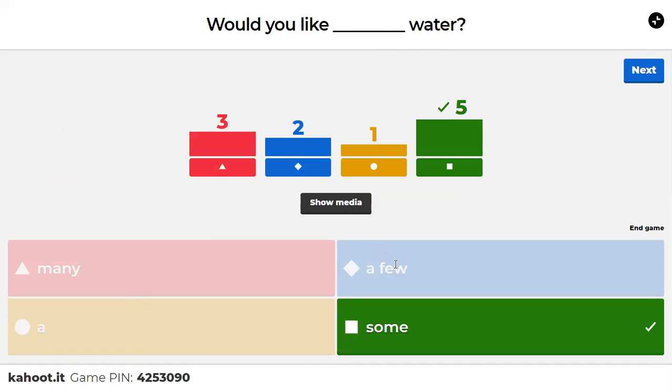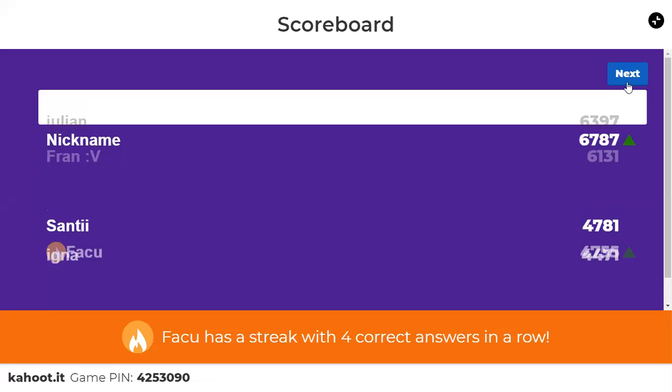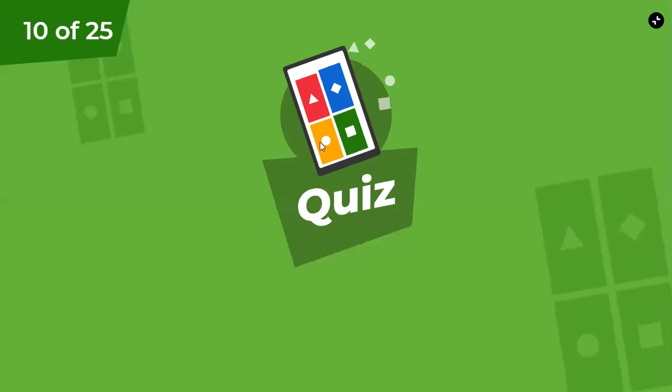A few water, the same. You cannot say a few because a few works with countable nouns. The only possible one here is some because some works with both countable and uncountable. Okay, last one.